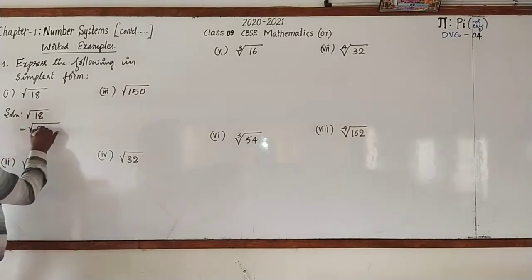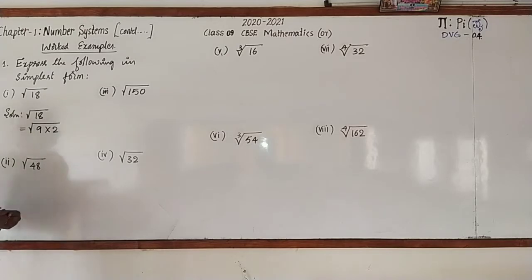We can write it as 9 into 2. Why should we take 9 into 2 only? Because 9, one of the factors, is a perfect square, so it will be easy to take out. Then square root of 9 into 2 can be written as square root of 9 into square root of 2.